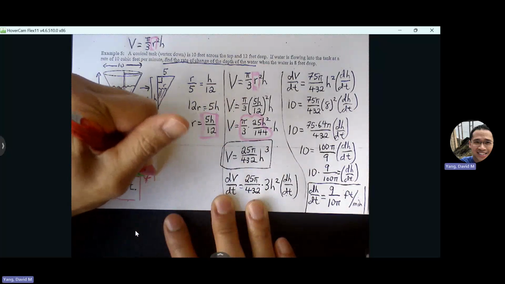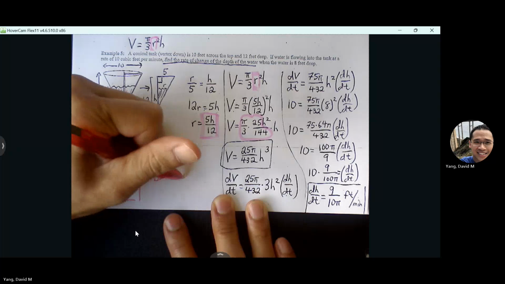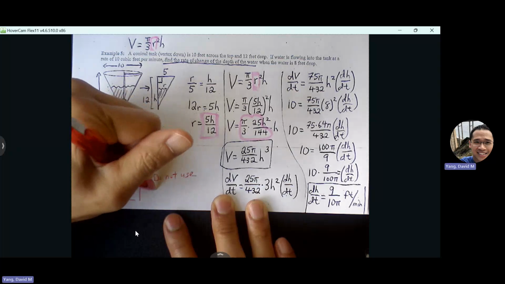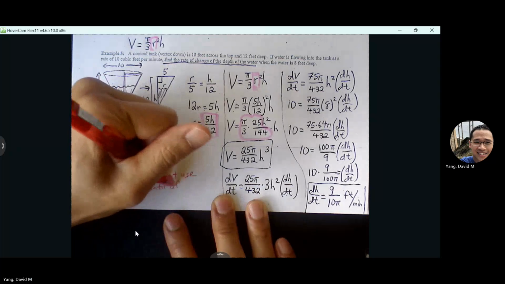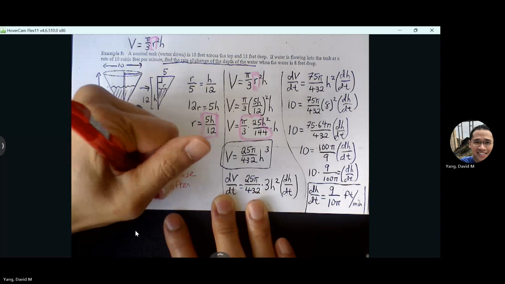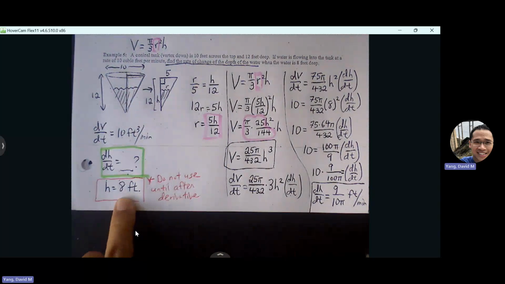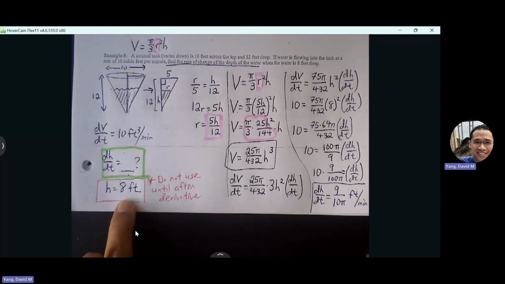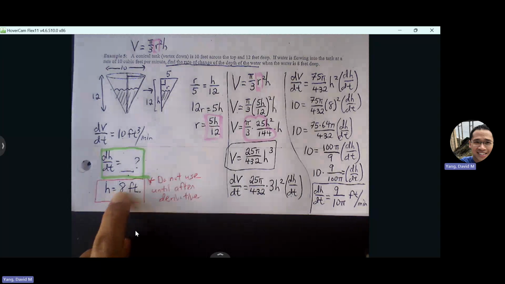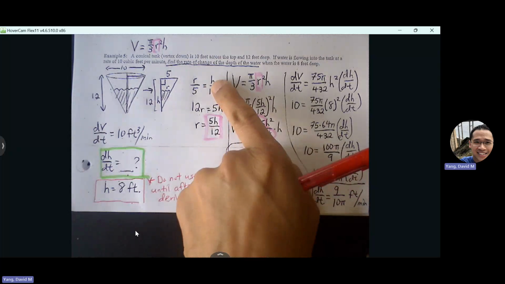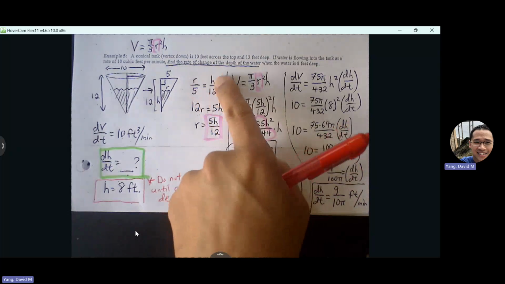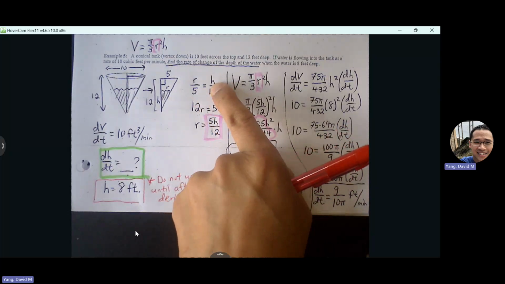Do not use it until after the derivative. This is the height of the water level at that moment in time. Is the height of the water level always going to be 8 feet? It's not. So if you insert that 8 into the proportion, you're stating that the height is always staying at 8, which is not true.